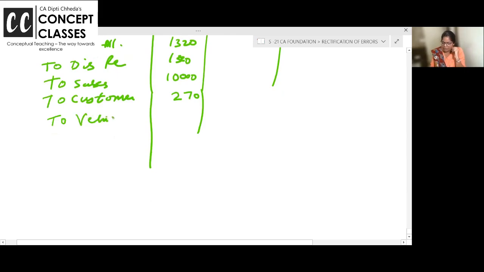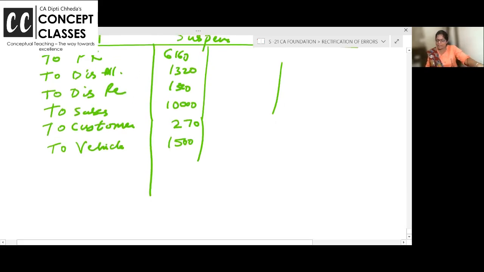Suspense account debit to vehicle 1500. That's it. Remaining all are error of omission and all. So कितना आ रहा है difference? देखो, 6160 plus 1320 plus 1320 plus 10,000 plus 270 plus 1500.